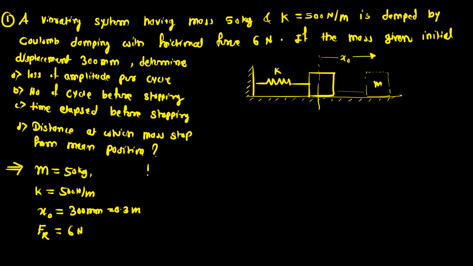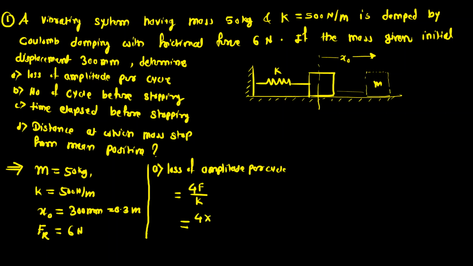Okay. So the first question is we should find out the loss of amplitude per cycle, which is nothing but the reduction per cycle. So we have this value, which is equal to 4F upon k. It is a standard formula.